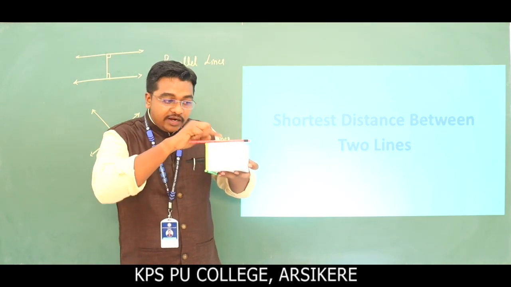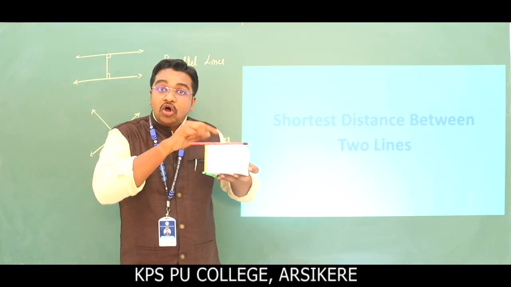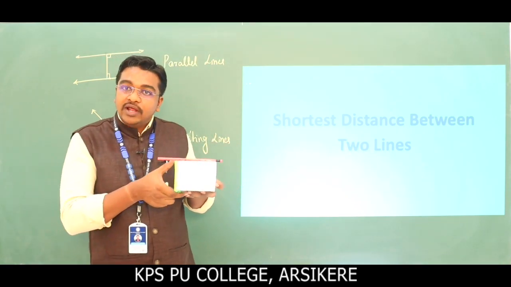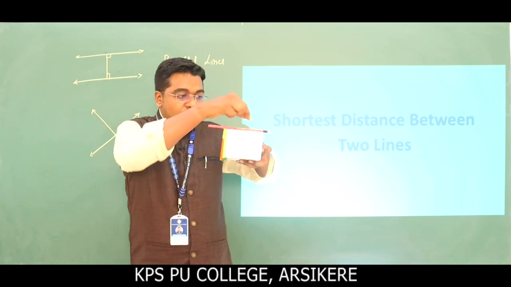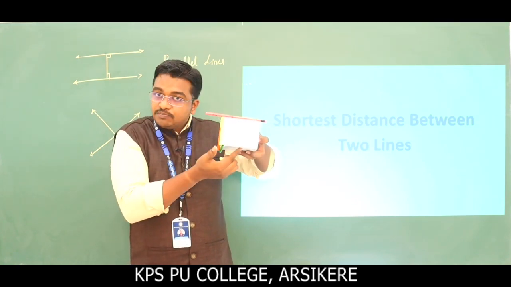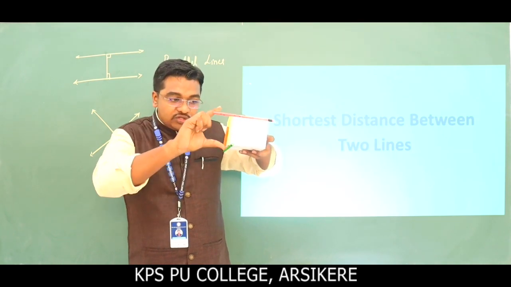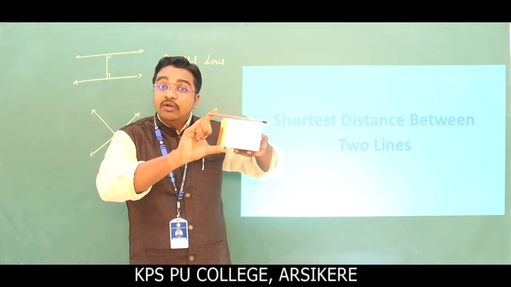And they lie in different planes. They are not coplanar. So those lines we call skew lines. This line lies in another plane. Understood?